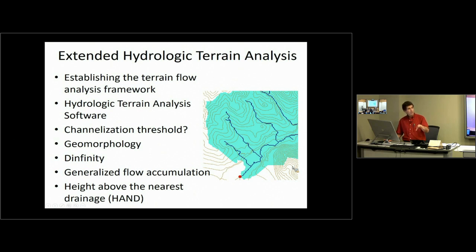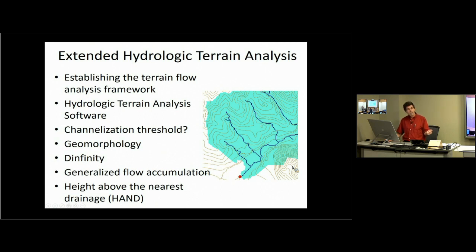We introduced last time the idea that you could map channels by applying a threshold to flow accumulation, but what should that threshold be? That'll lead us to discuss a little bit about geomorphology, and I'm introducing that because my research has looked into whether there are objective ways to come up with a channelization threshold based on some of the geomorphologic principles related to landscape evolution.